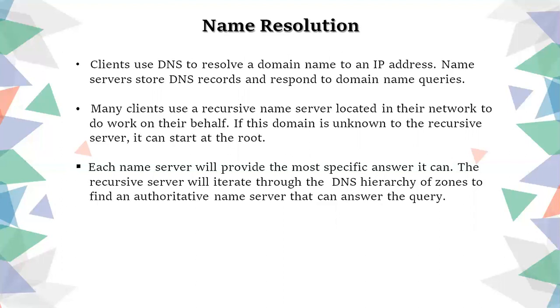As I said, there are 4 DNS servers: the recursive server, the root name server, the TLD, top level domain server, and the authoritative server. These are the 4 DNS servers available. Using these servers, we are going to search for the particular website address, and the queried website address will be given to the user.